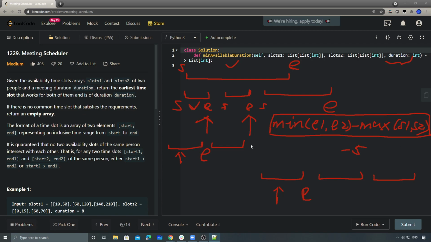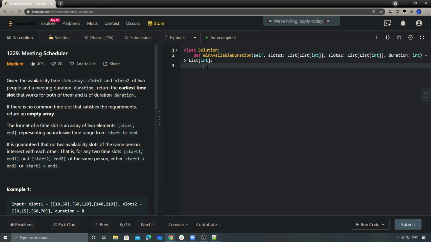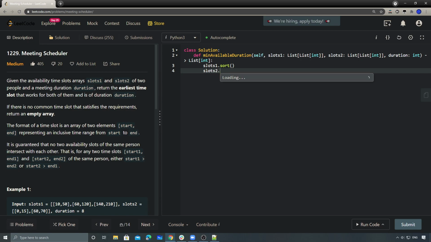Okay, so once we figure that out, the coding should be pretty straightforward. Like I said, we sort those two slots first: slots 1, slots 2. Then n1 is the length of slots 1, and n2 is the length of slots 2.